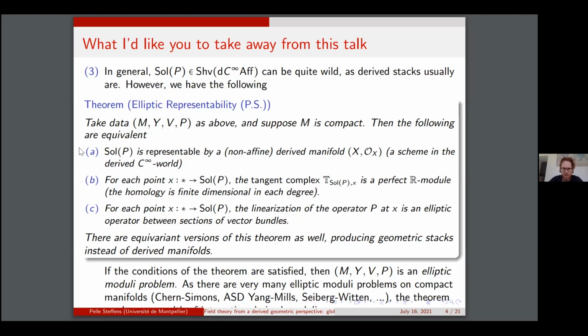If you have a linear operator between sections of vector bundles, it turns out that ellipticity is equivalent to Fredholmness, which in turn is equivalent to asking that the cohomology of the two-term complex is perfect.